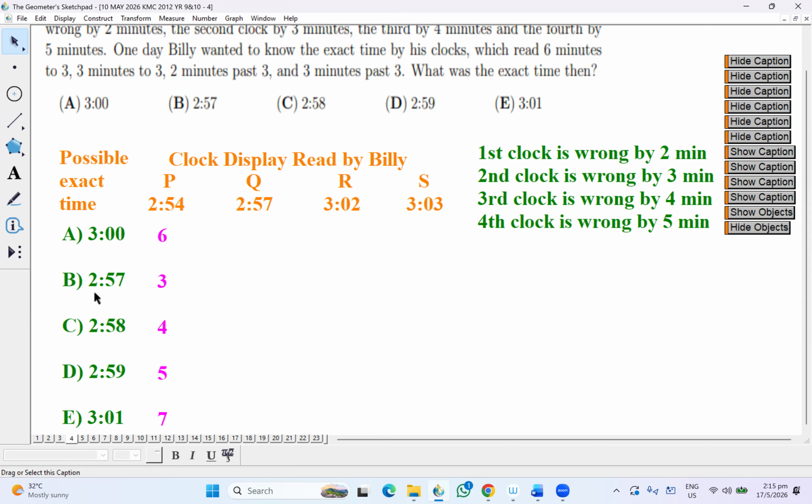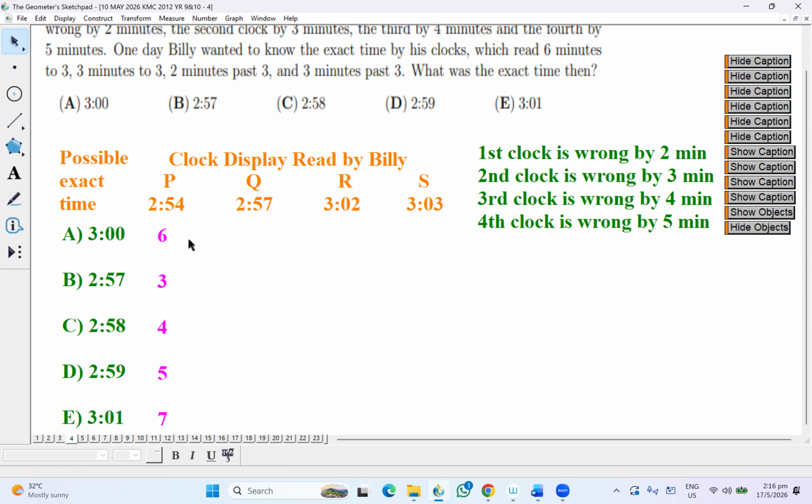If the exact time is 57, it is out by 3 minutes. If 58, then it is out by 4 minutes. 58, 4 minutes. Then 59 is 5 minutes, and 7 minutes.